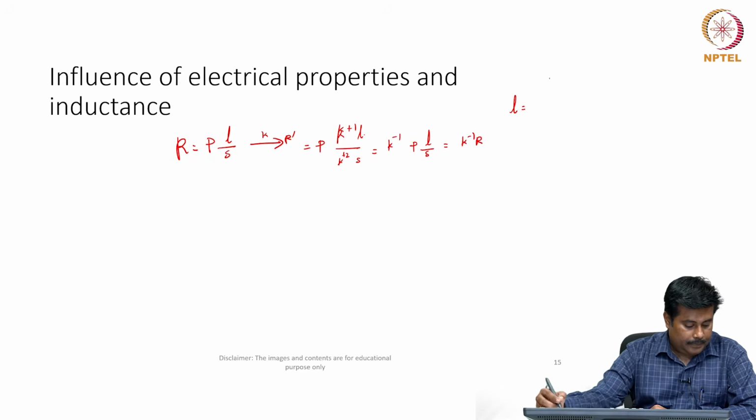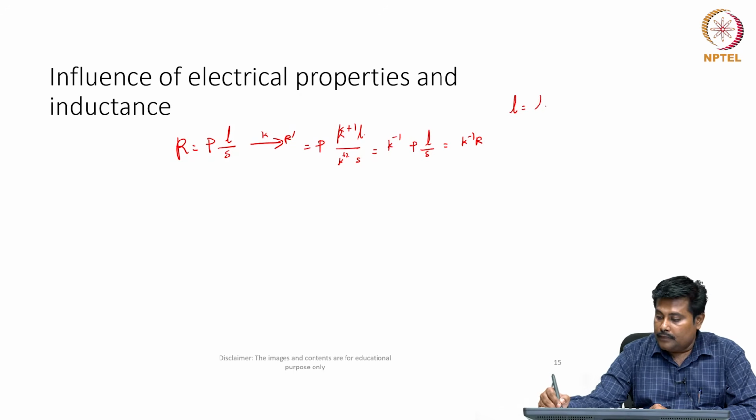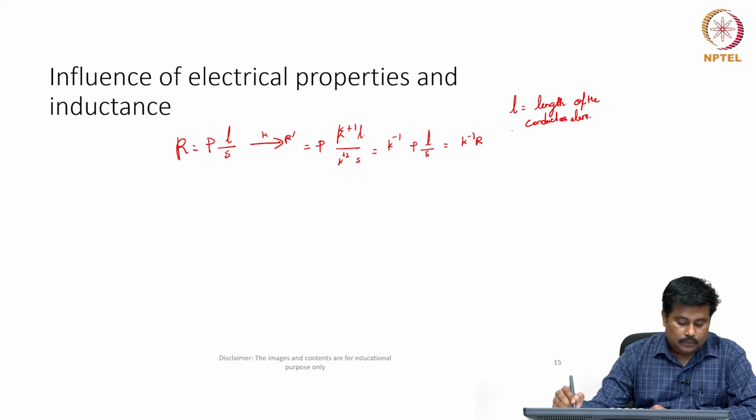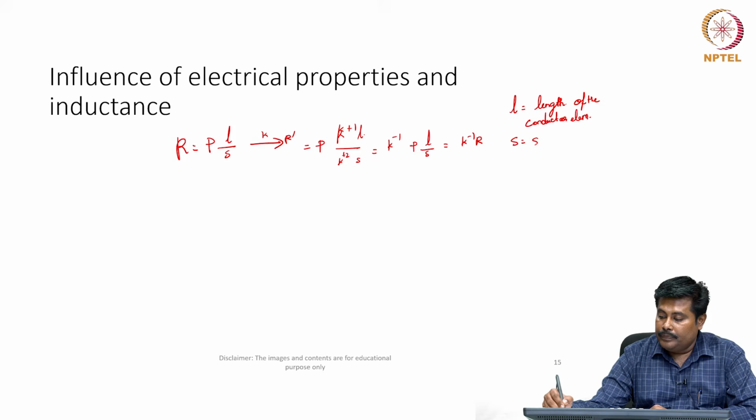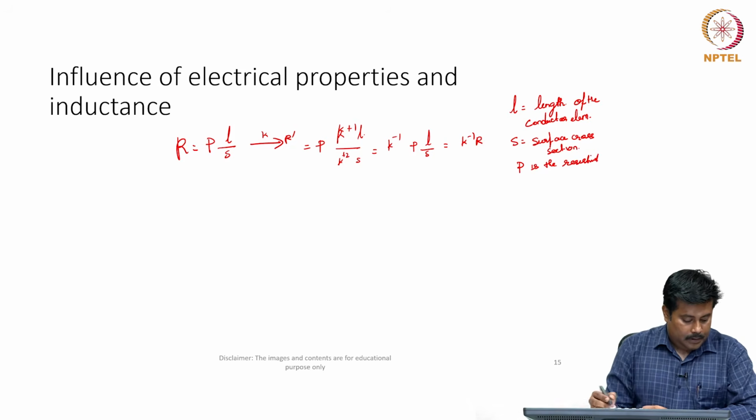where L is the length of the conductor element being considered, S is the surface cross section, and rho is the resistivity.